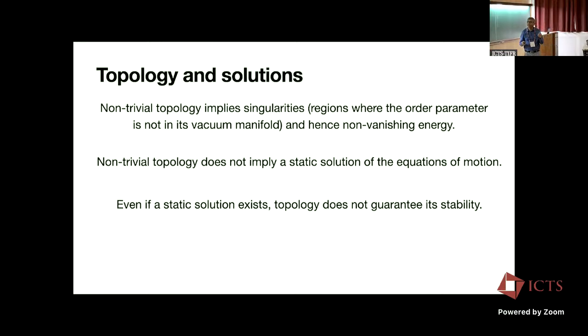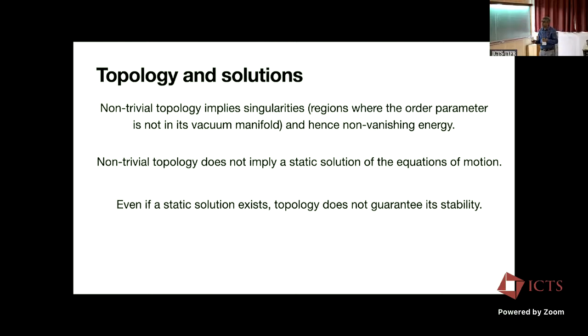By singularities here, I mean points where the order parameter cannot be in the vacuum manifold. Just by choosing the directions in a certain way, you are forced into having points which do not lie in the vacuum manifold. And if they don't lie in the vacuum manifold, then there's non-vanishing energy over there.